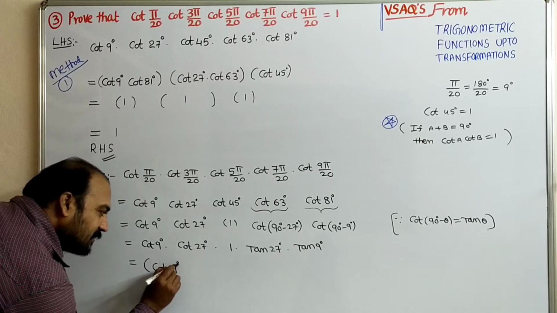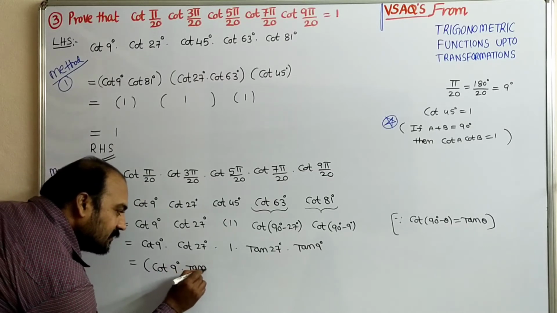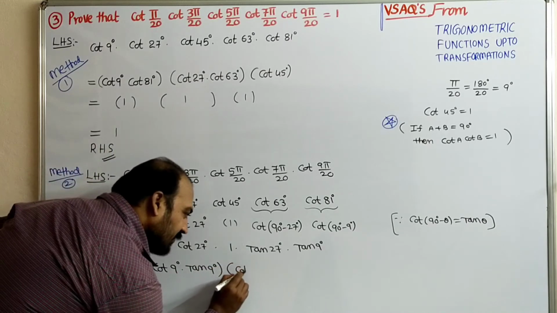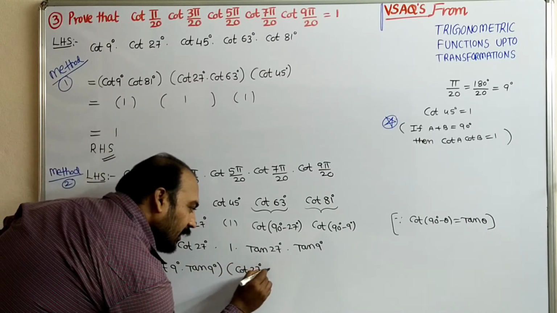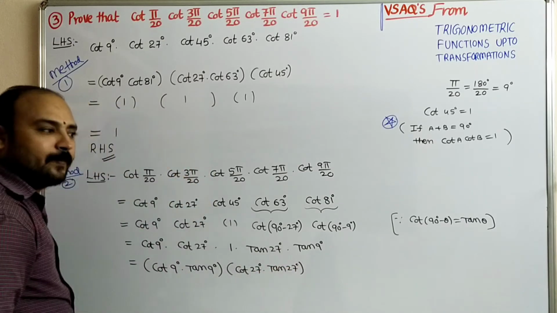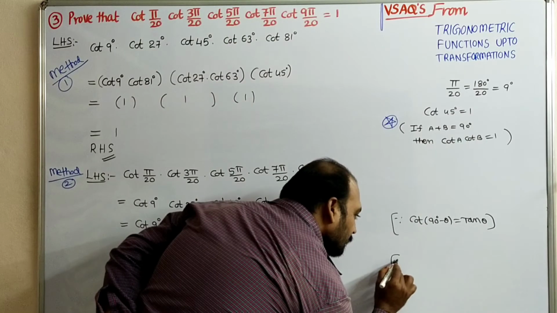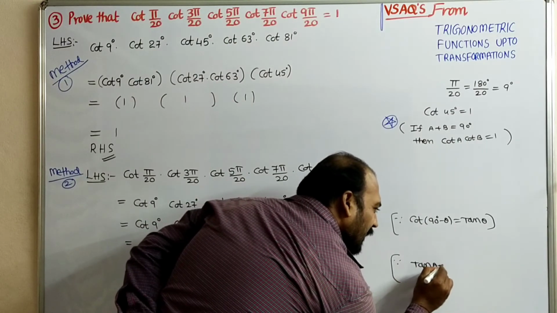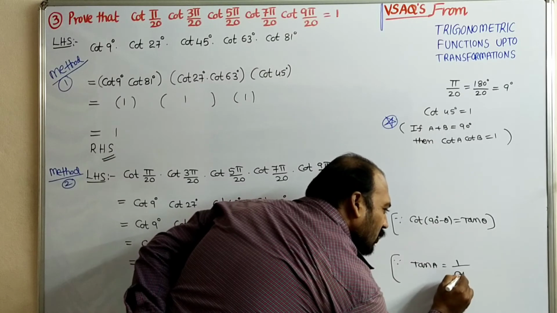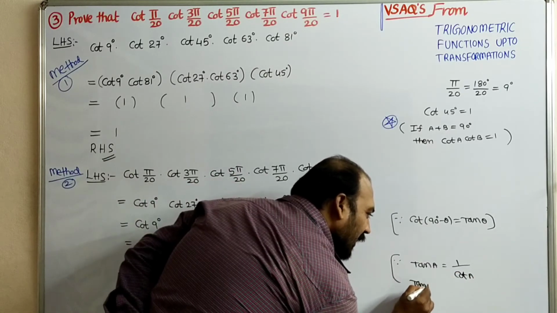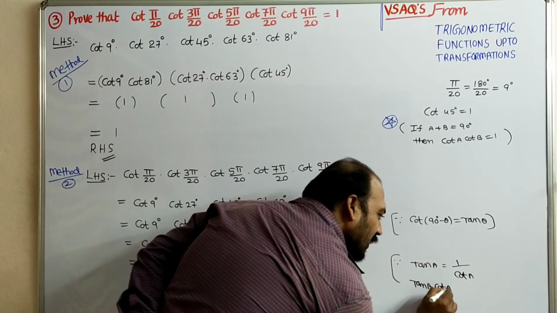After reaching this step, cot 9 degrees into tan 9 degrees. Next, cot 27 into tan 27. We know that tan A can be written as 1 by cot A only. The reciprocal of cot is tan, cross multiply: tan A into cot A is equal to 1.